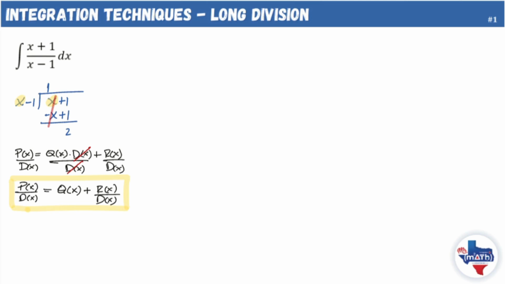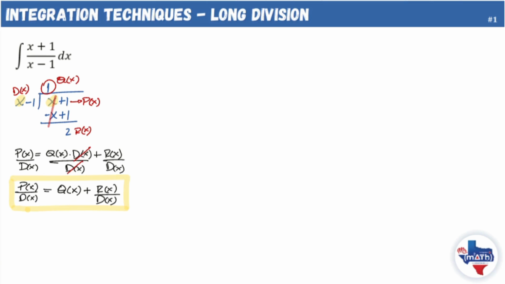So changing the words, this x plus 1 here will be our polynomial of x. This 1 here is our quotient of x. This is our divisor of x. And here's our remainder of x.